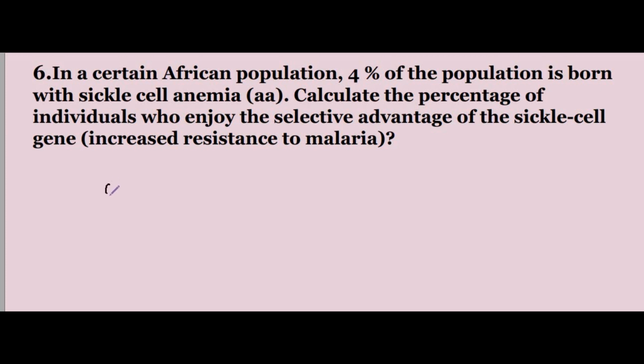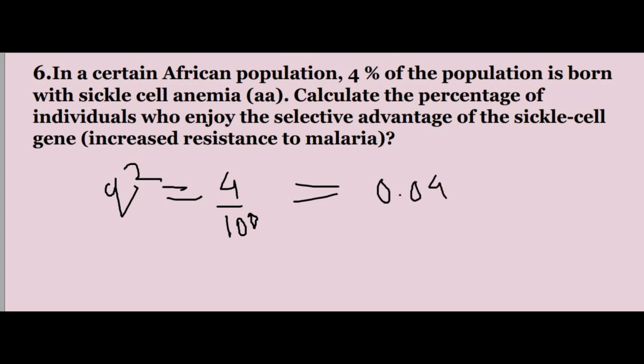So the q square value is 4 upon 100. Why 100? Because it is given in percentage. So out of 100, 4 people have this type of genotype. So the q square value will come out to be 4 upon 100, which is equal to 0.04. So the q value will come out to be 0.2.